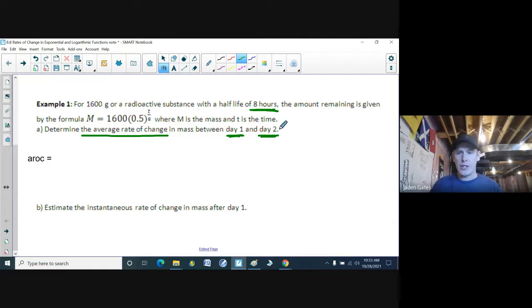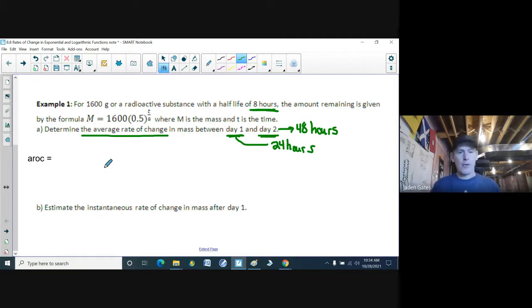So we need to make sure we're in the right units, because as I've mentioned with both the doubling times and the half-life formula, the t and the 8 have to be in the same units. So for day 2, that's 48 hours later. Everything's got to be in hours, because that 8 is in hours. And day 1 would be 24 hours later. So that's the first thing: get our units the same.